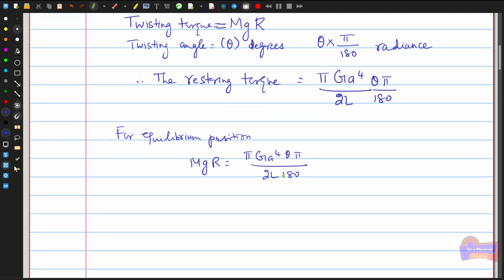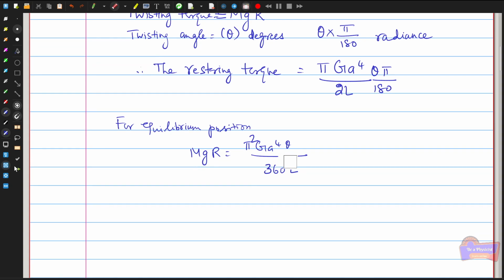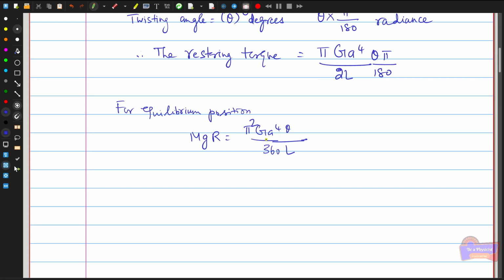So I can take pi as pi squared, and 360 L. From this I can easily calculate the rigidity modulus.